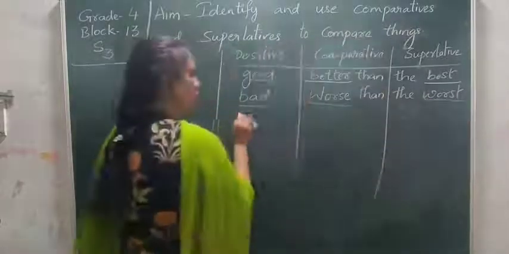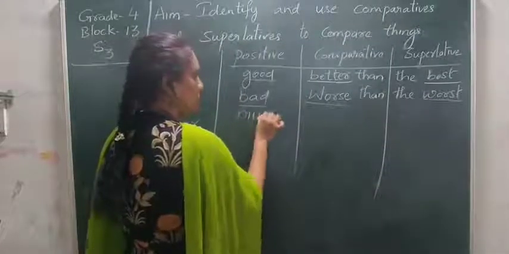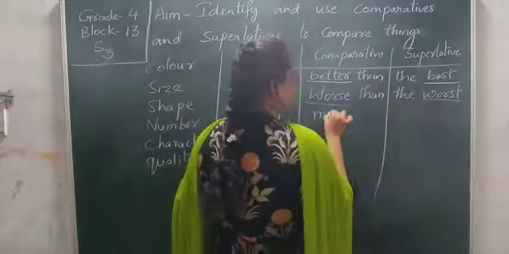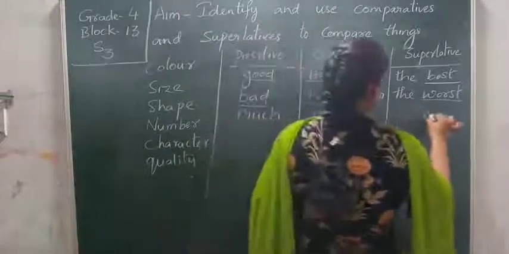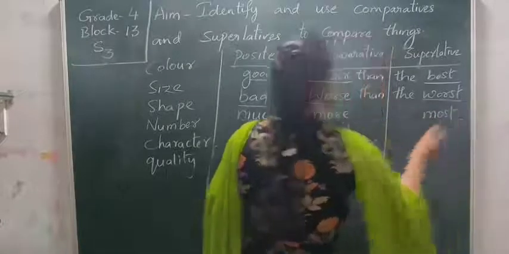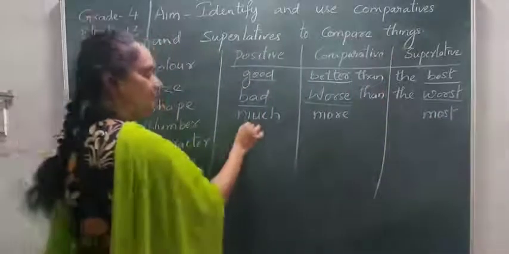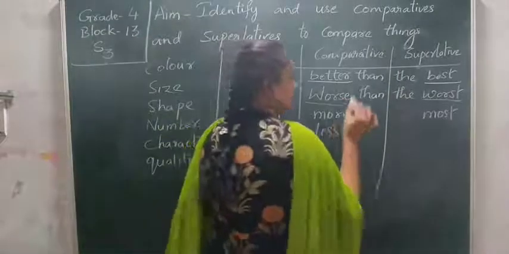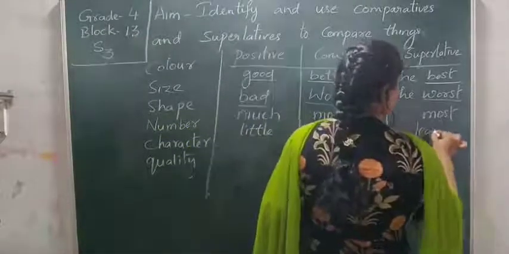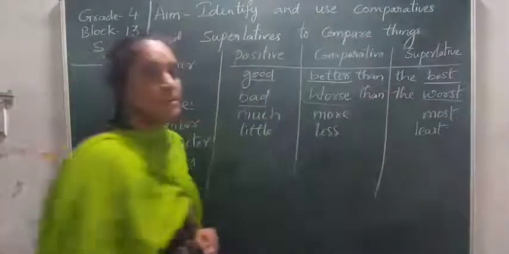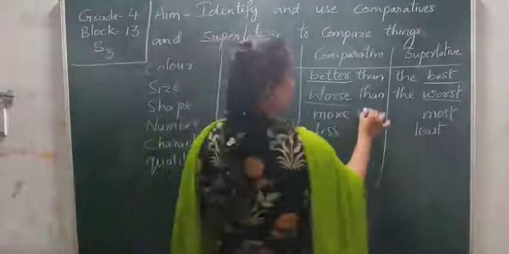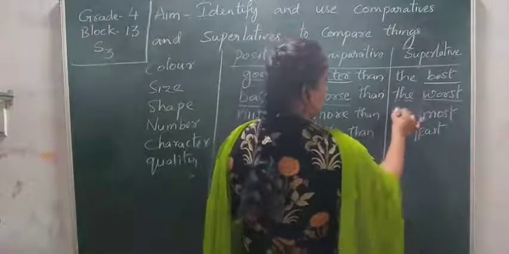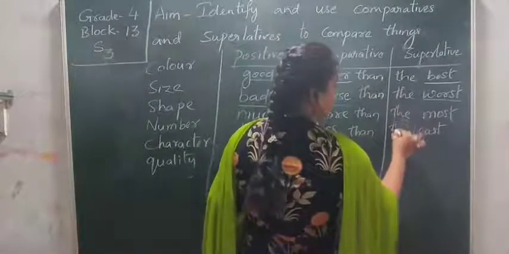In the same way, much, it is more, most. Little, less, least. So I can use more than, less than, the most, the least.